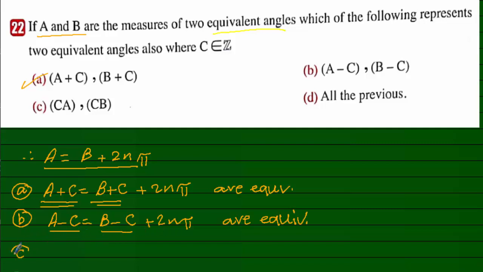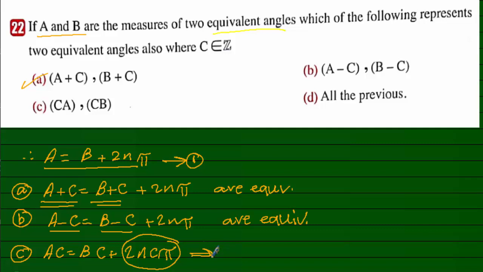With C, multiplying both sides in 1 by C, what you get? AC equals BC plus 2nc pi. 2nc pi is a number of full rotations.